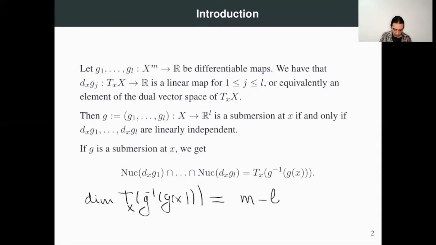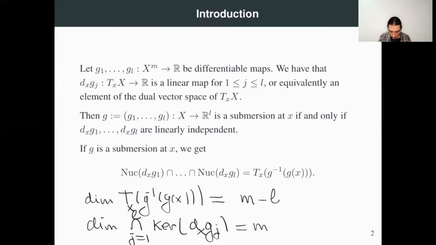If you consider the dimension of the intersection of the kernels, okay, here I was using the notation for Portuguese, but these are the kernels of the differentials of Gj at the point X for j between 1 and L, this dimension of the intersection is also equal to M minus L. And it's there where we are using that all these maps are linearly independent.